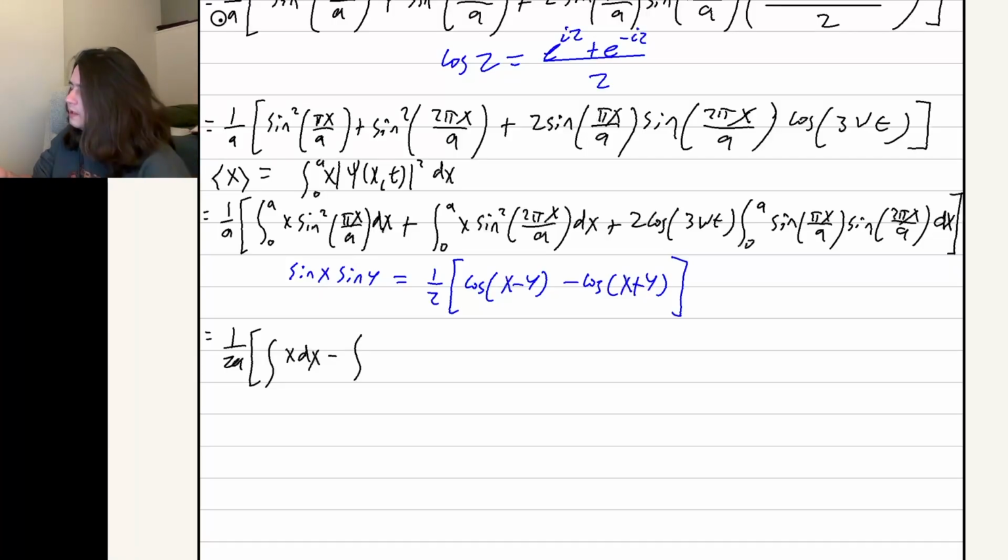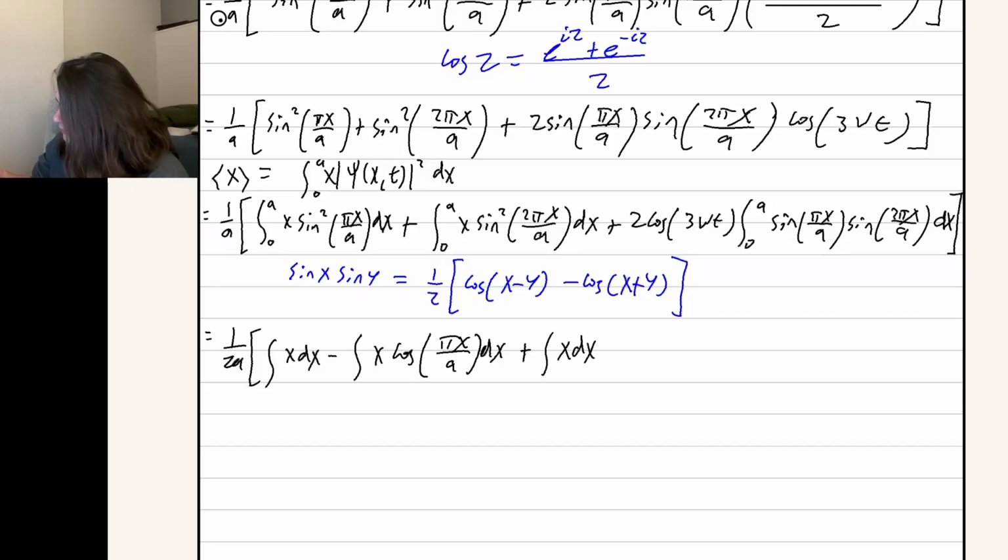minus an integral of x cosine pi x over a dx, plus, just simplifying the other integral, of x dx, minus the integral of x cosine, this is actually a 4 here, 4 pi x over a dx.